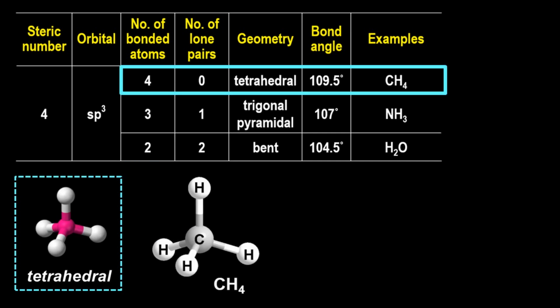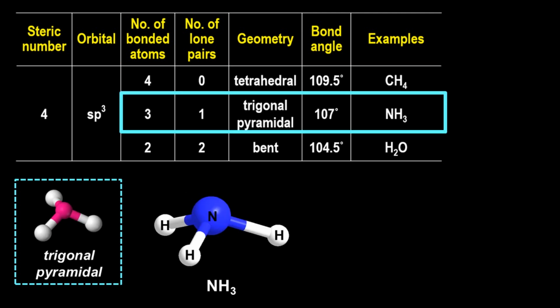Now, when the steric number is 4, we start to see even more variety in shapes. If all 4 positions around the central atom are filled with bonded atoms, the molecule takes on a tetrahedral shape with bond angles of about 109.5 degrees. A classic example of this is methane, CH4. But if one of those positions is taken up by a lone pair, things shift.